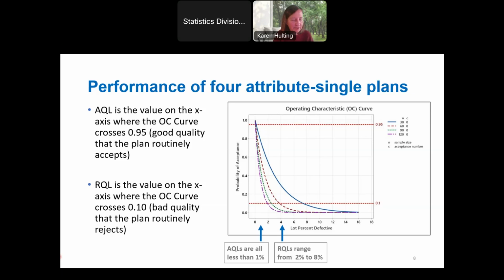I sound like an evangelist, don't I? It's this weird thing. I was taught about acceptance sampling when I was in grad school a long time ago, and I basically said, well, that sounds like a bad thing because it's not proactive. And I proceeded to think I would never need to use it. And then I found myself in the medical device industry, and I suddenly needed to communicate on these topics. And so I ended up learning that, yes, what I learned before was true.